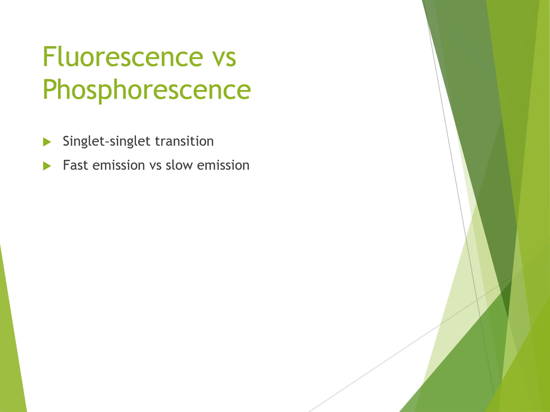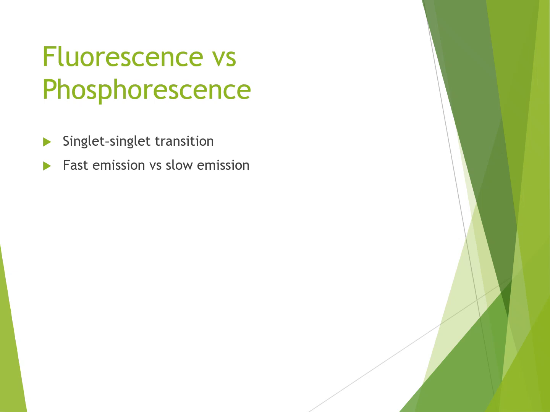Fluorescence stops immediately; the molecule immediately returns to the lower energy state. In the case of phosphorescence, the emission continues even after removing excitation, as it involves the triplet state and is very slow.